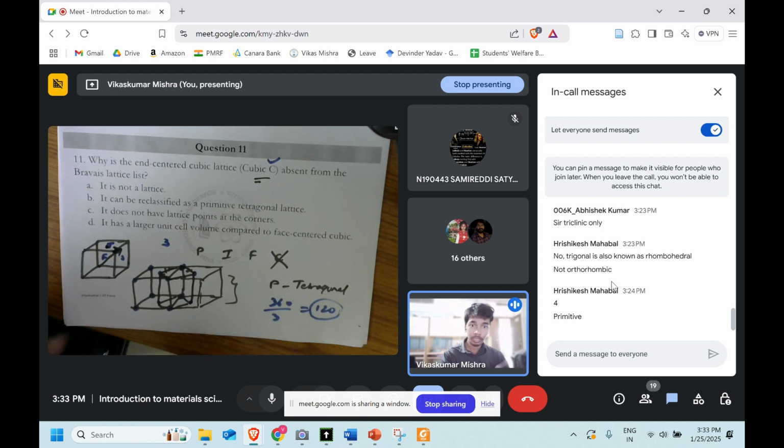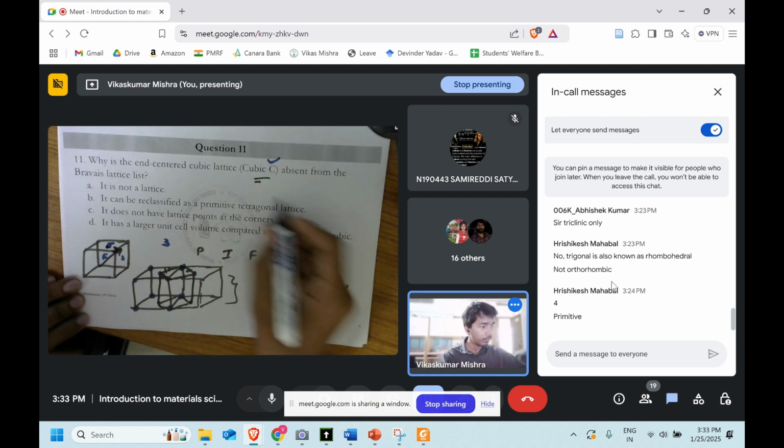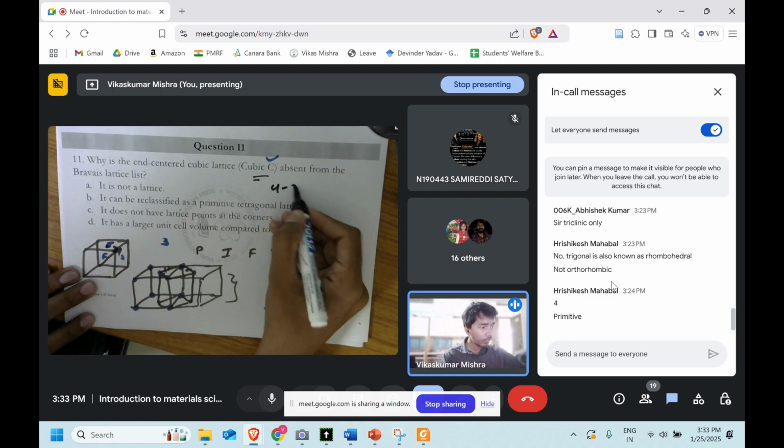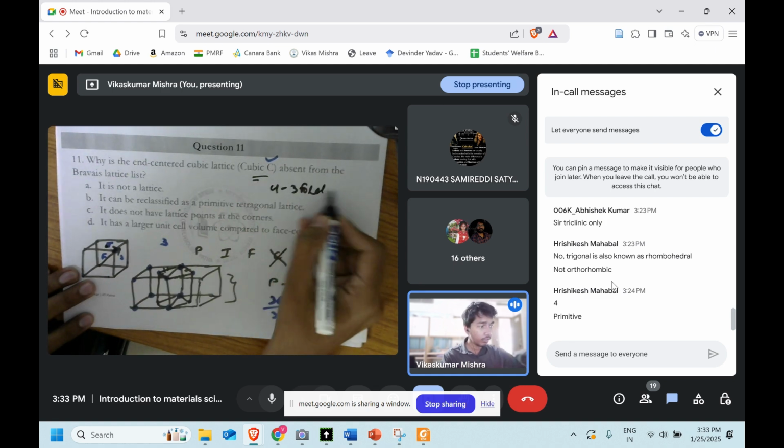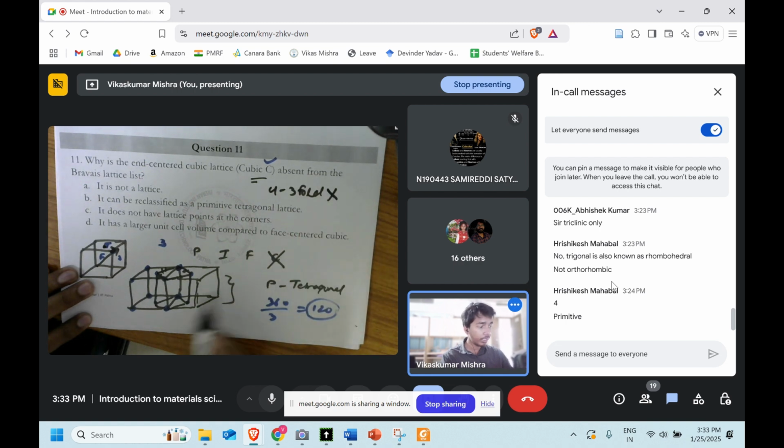Now something is there. The lattice point is coming to the front face. So the initial and the final are not the same, and since the symmetry of four threefold is not satisfied here, that's why it is able to convert from cubic to tetragonal, right?